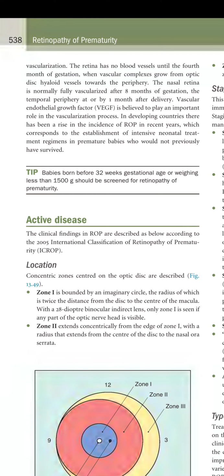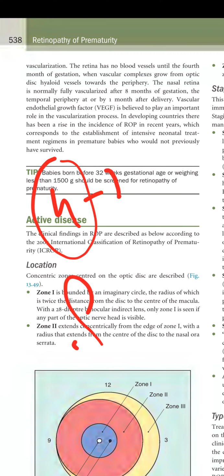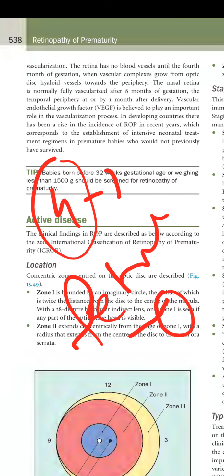So, usually the retina has no blood vessels until around the fourth month of gestation, meaning when the baby is a fetus in the fourth month of development. So basically the vascular complexes grow from optic vesicle hyaloid vessels towards the periphery.